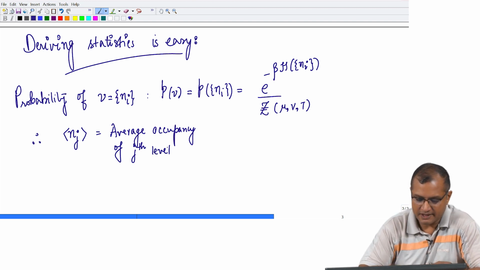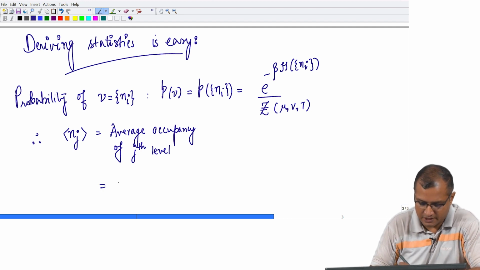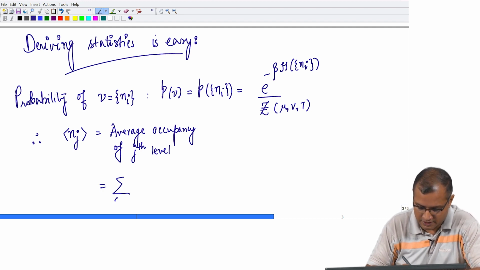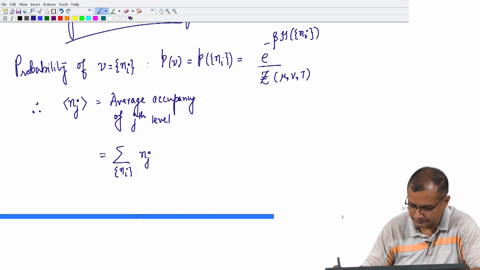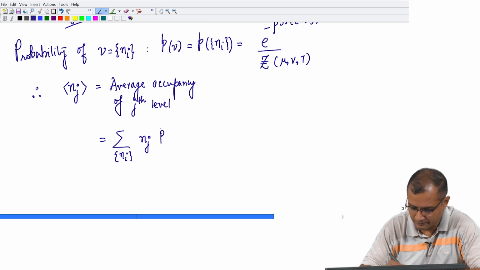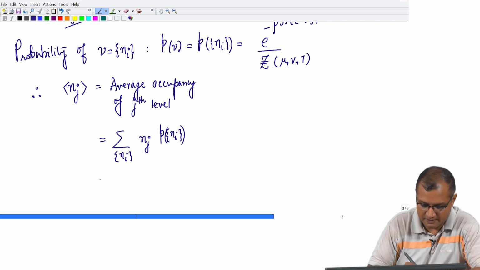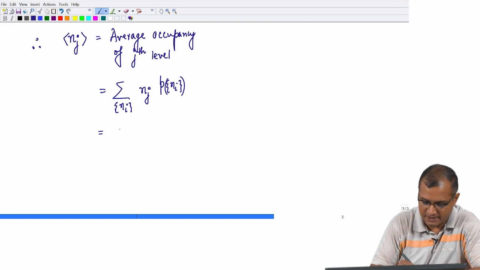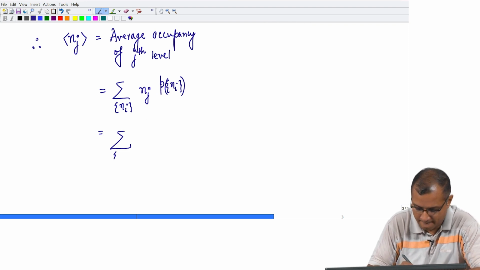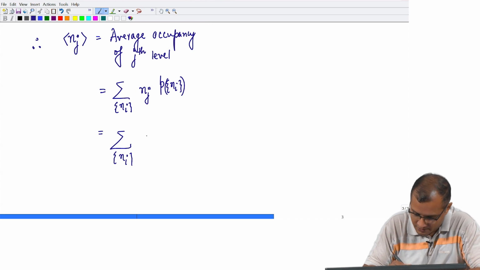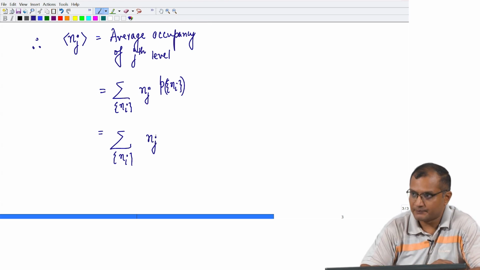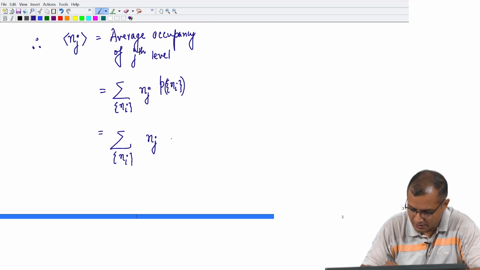Suppose I am interested in the average occupancy of the jth level, then this is nothing but a summation over all the microstates. What you essentially want to compute is this sum over all the microstates, but you are interested in only the number density in the jth level, times the probability.